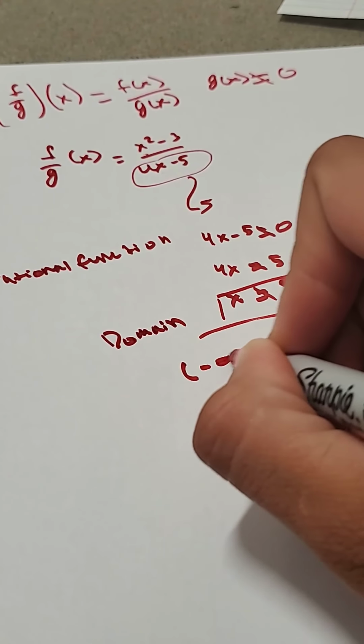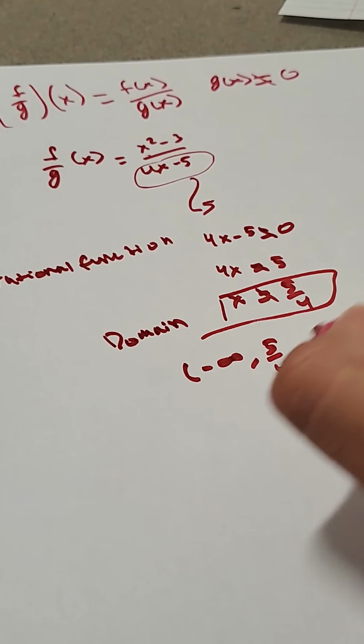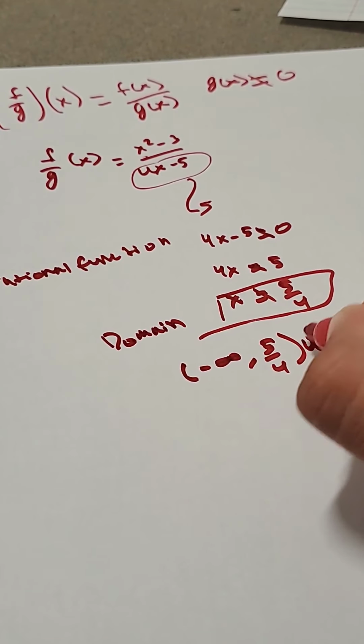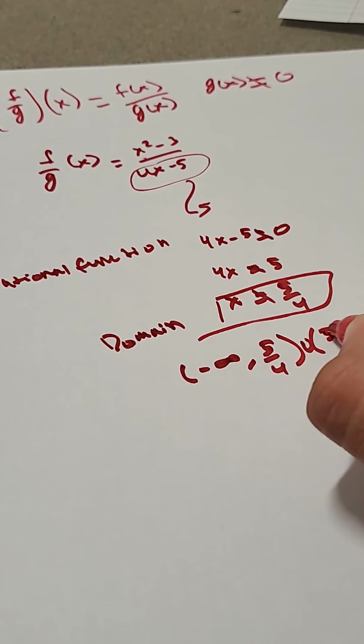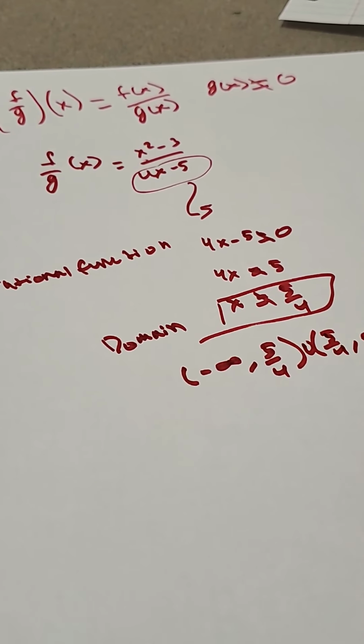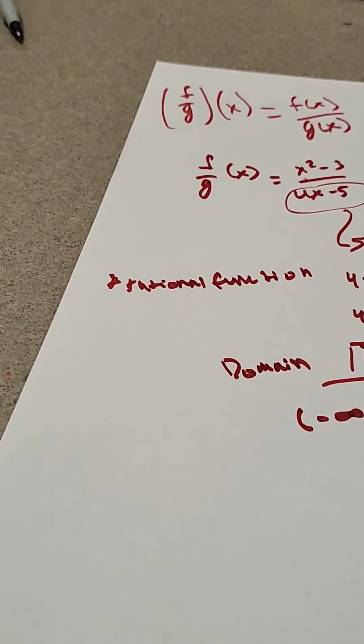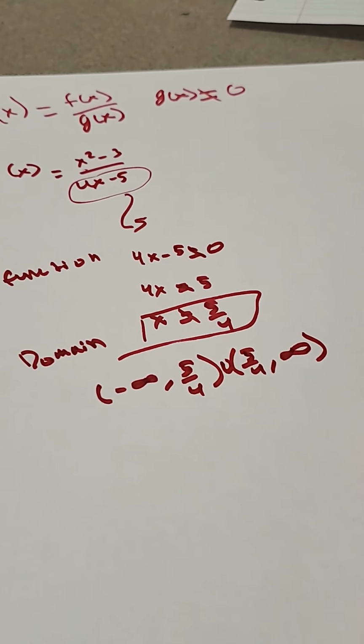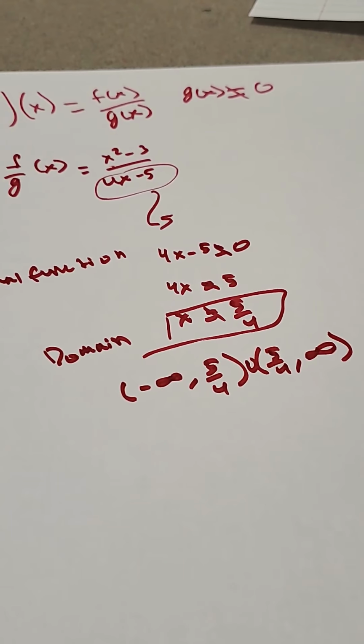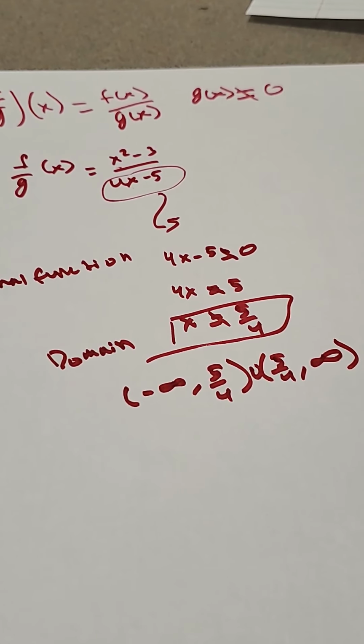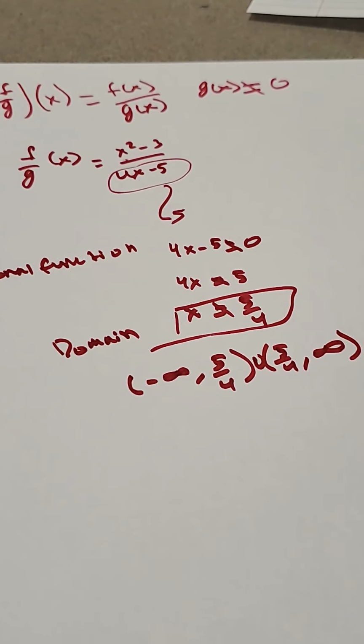Or we could write it as negative infinity to 5 over 4, union 5 over 4 to infinity, which we'll cover pretty much in a future video, talking about interval notation if you guys would like.